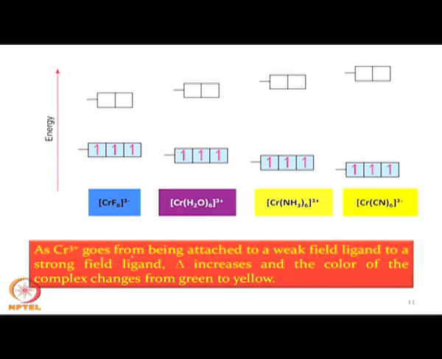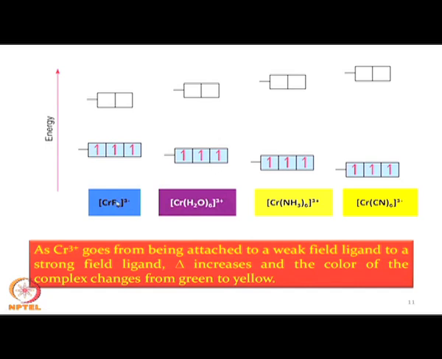So, as we go from the weak field ligand like F minus towards CN minus, the delta values increase and the color of the complex changes from green to yellow. So, the color variation taking place is that this is a nice green color.